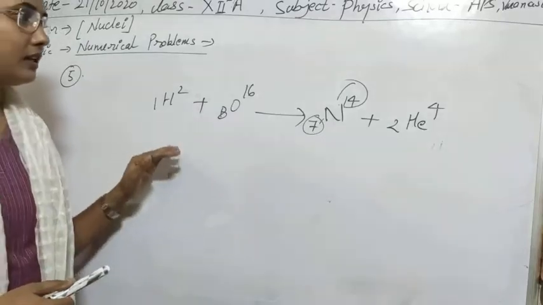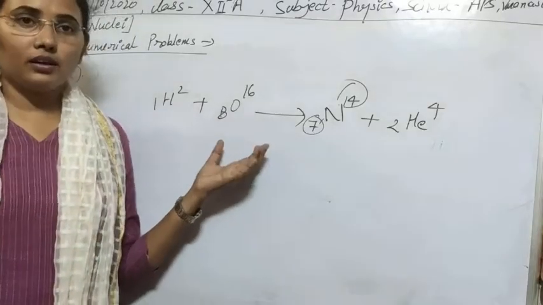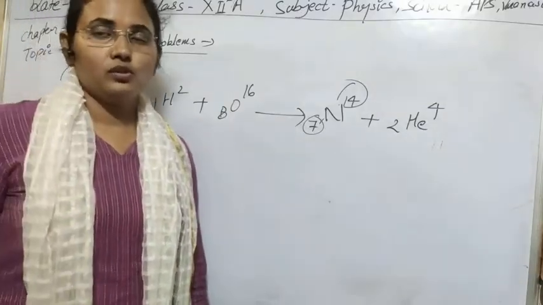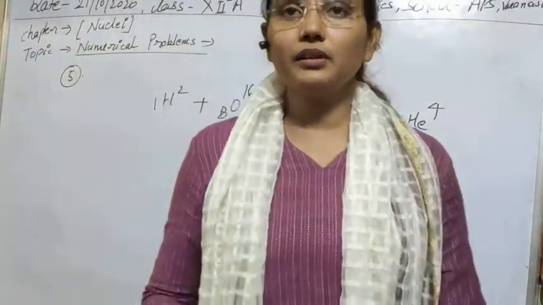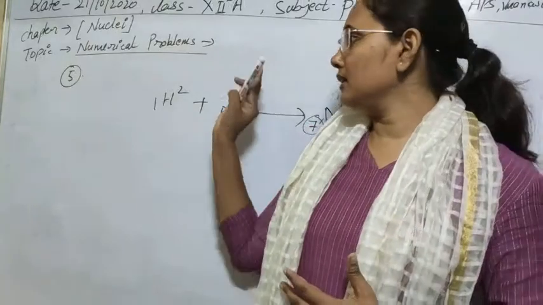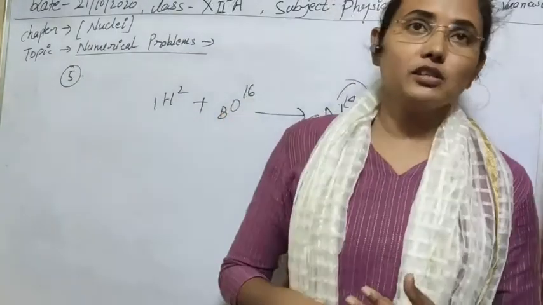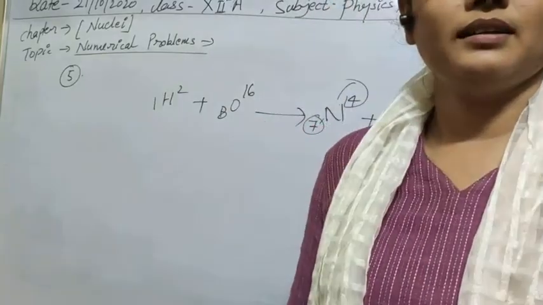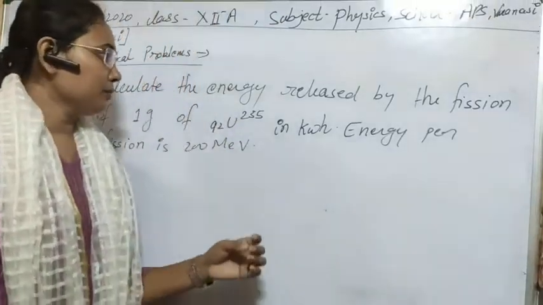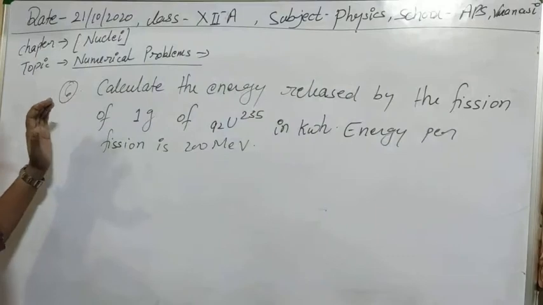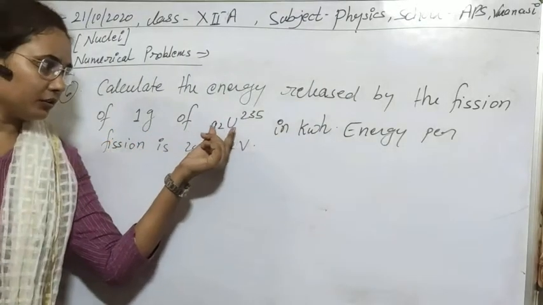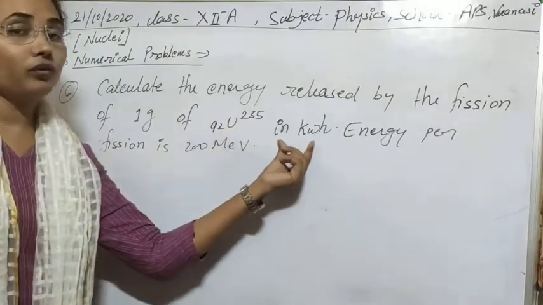If this is clear to you, then let's see a numerical problem based on nuclear fission and fusion. Last week we studied nuclear fusion and fission in the topic of nuclei, so let's see some numericals based on that. The problem is: calculate the energy released by the fission of 1 gram of uranium-235 in kilowatt hour.